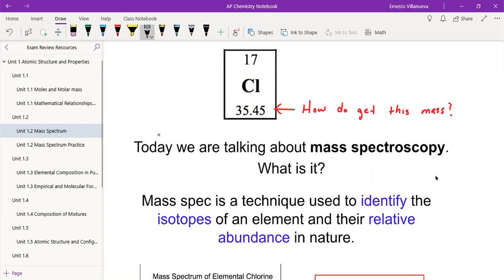So an isotope, remember, is the same element with a different number of neutrons.